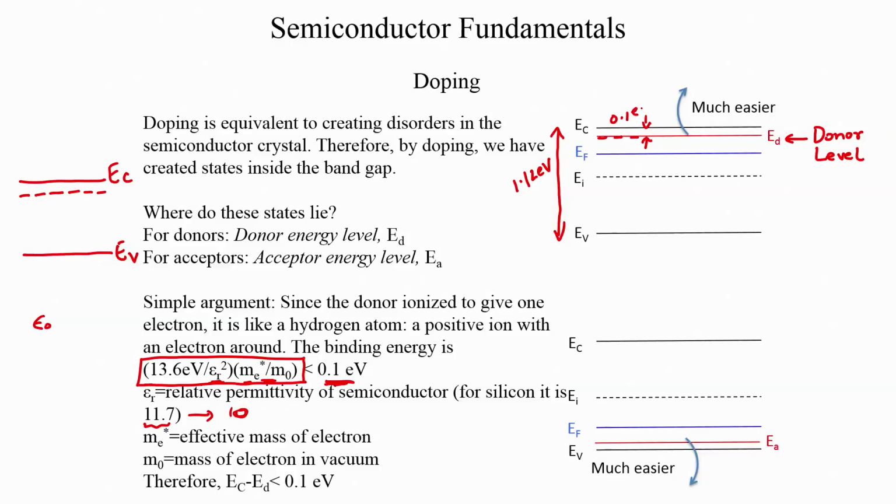That is about 10% of the band gap, 0.1 electron volt from the conduction band edge. So what does this mean? It means that this donor, which was initially charge neutral, had a positively charged core and had all its 5 electrons.